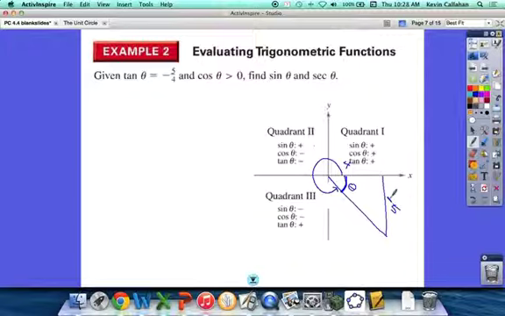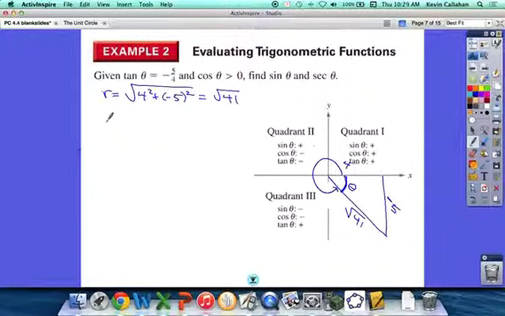Okay. And the radius, now we have to fill in so we can answer the rest of the questions. The radius will be the square root of 4 squared plus negative 5 squared, which is the square root of 41.